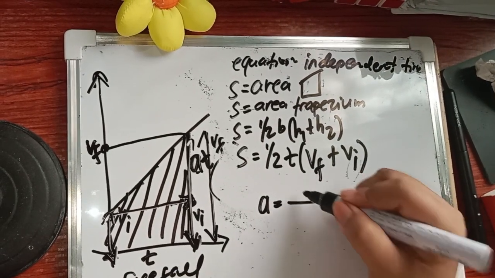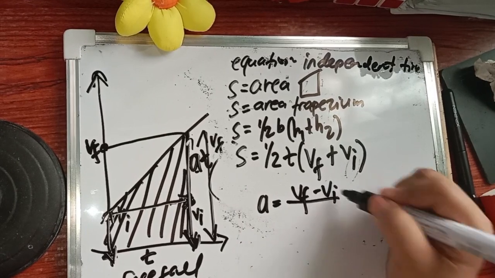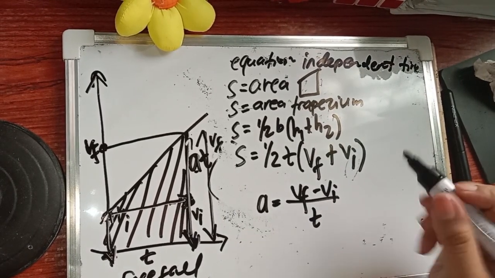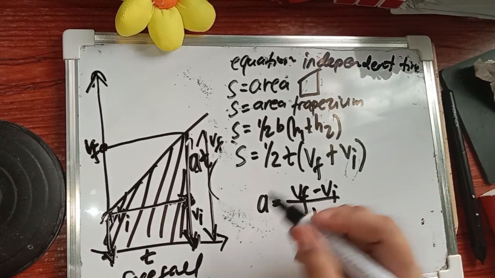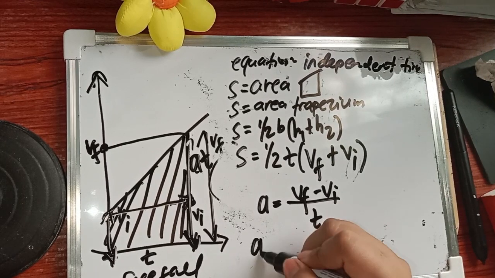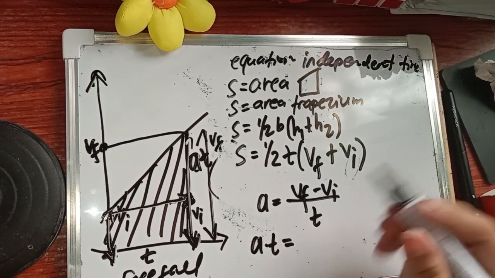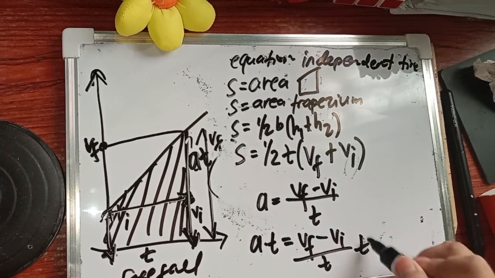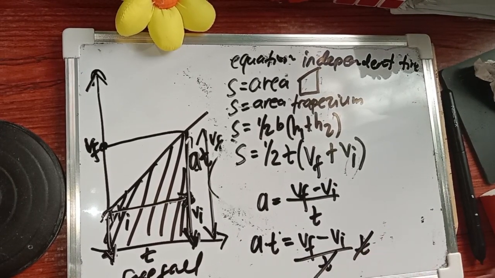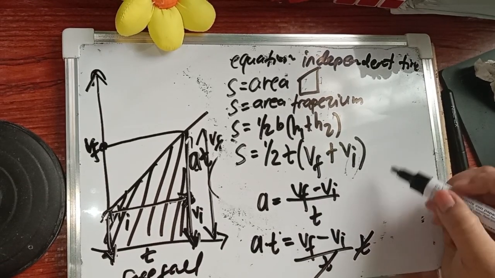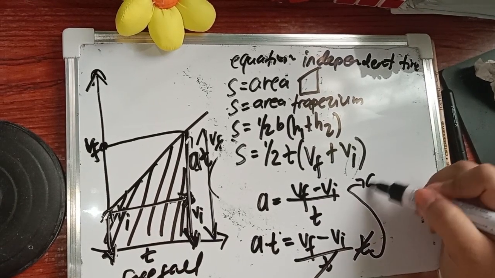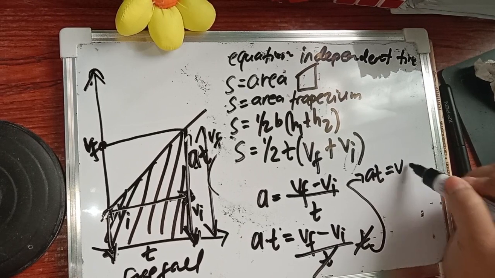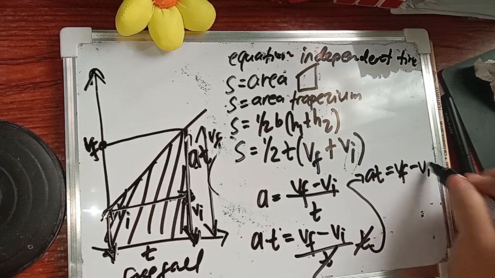Acceleration equals v sub f minus v sub i over time. Let us multiply time on both sides. a multiplied by time equals v sub f minus v sub i over time multiplied by time. Cancel here. You will have at equals v sub f minus v sub i, right?